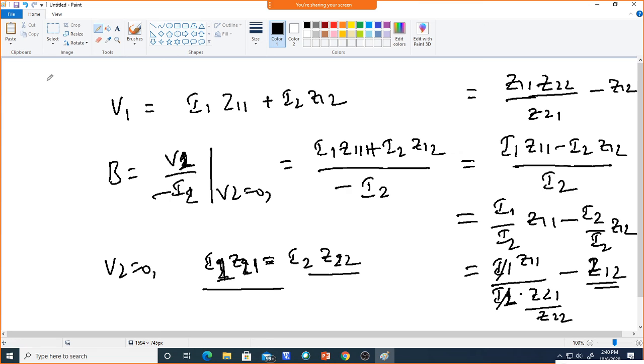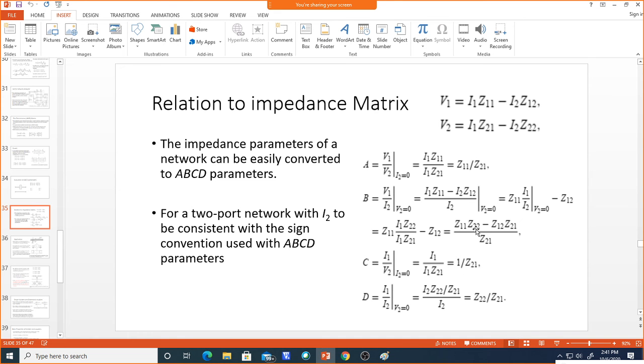Multiplying, you will get the value of B, that is Z11 into Z22 divided by Z21 minus Z12 into Z21, whole divided by Z21. So that is what we get here. If you replace by using this equation, you will get the value of B.